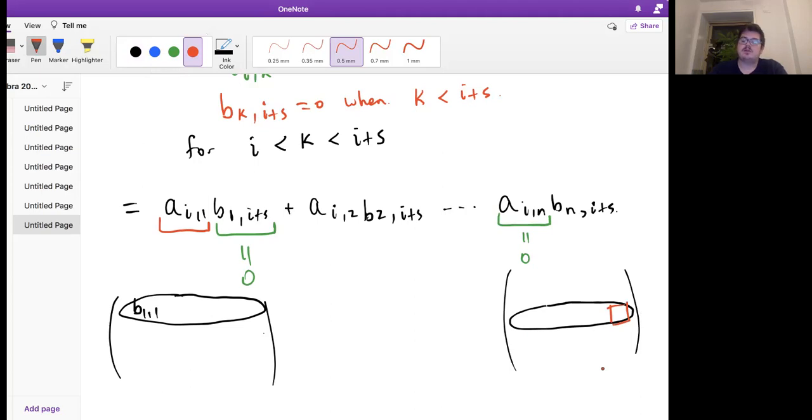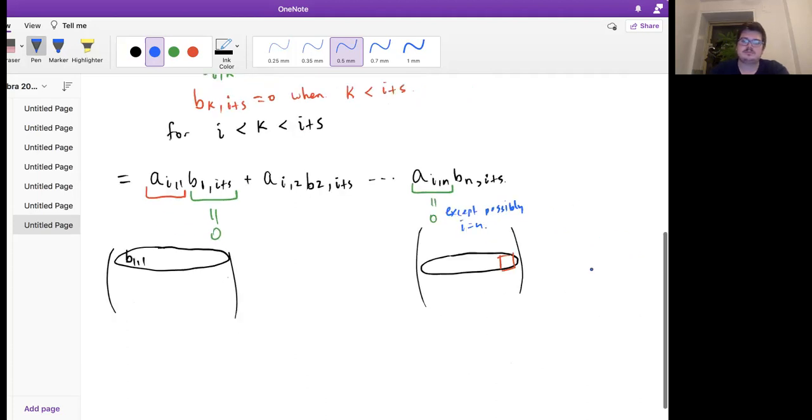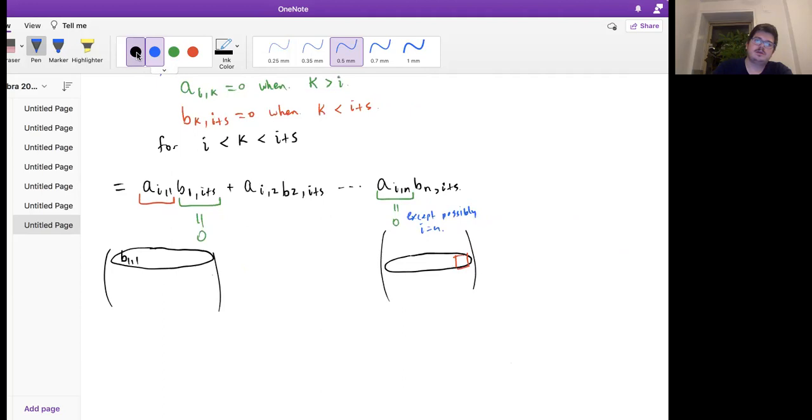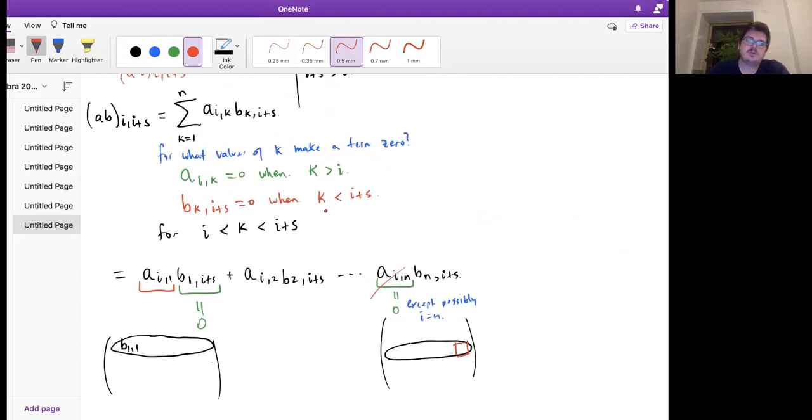Except possibly i equals n. So that would go away. So canceling out these terms, we come to this.